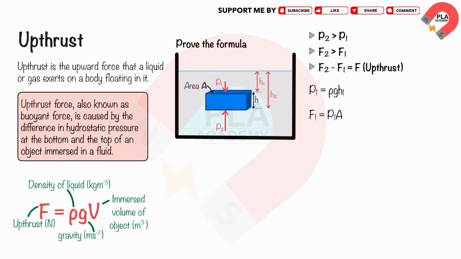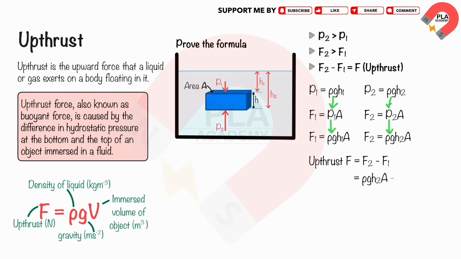F1 equals P1 times A. F1 is the force due to P1. So, F1 equals ρgh1A. P2 equals ρgh2. F2 equals P2 times A. F2 is the force due to P2. So, F2 equals ρgh2A. Therefore, the upthrust F equals F2 minus F1.